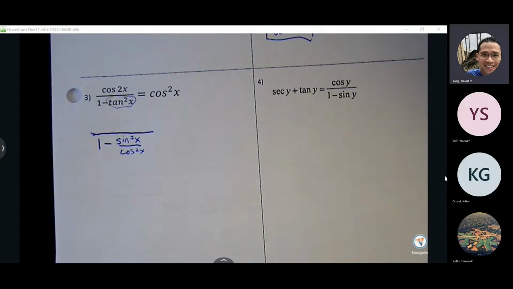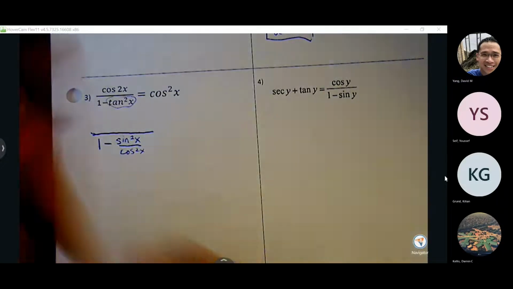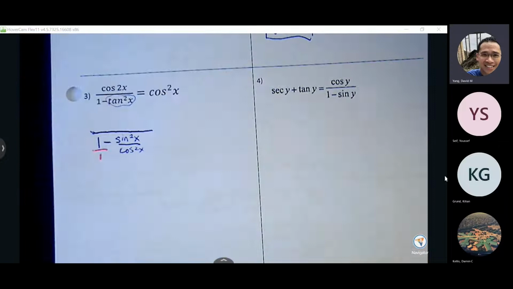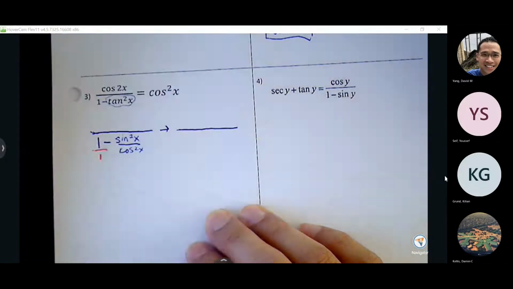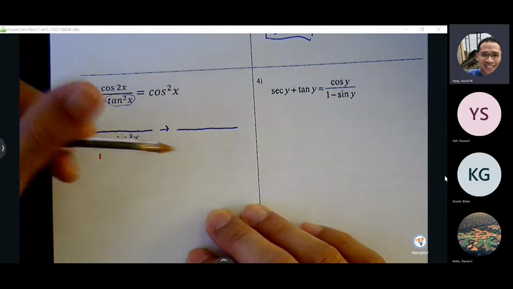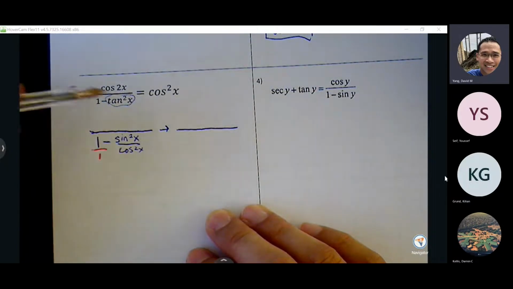Common denominator to kind of get that denominator going, so I can merge fractions together. Still waiting to see how that denominator looks before I make a decision as to what I want to choose for that cosine 2x because I have a couple of options.